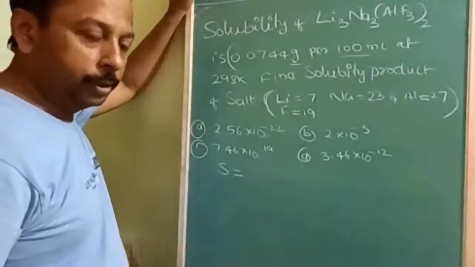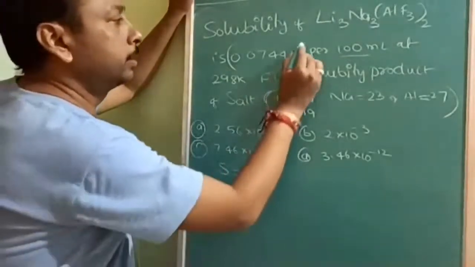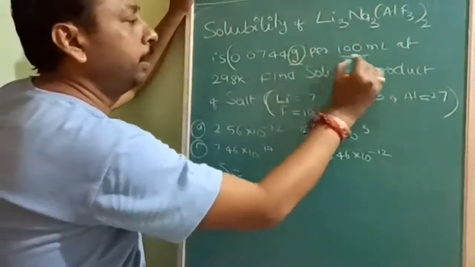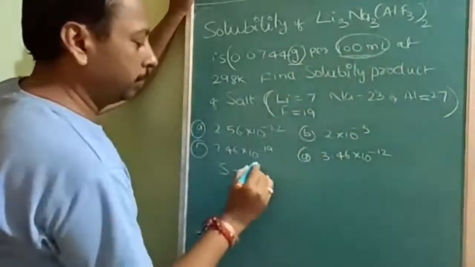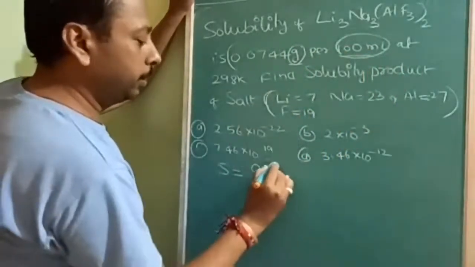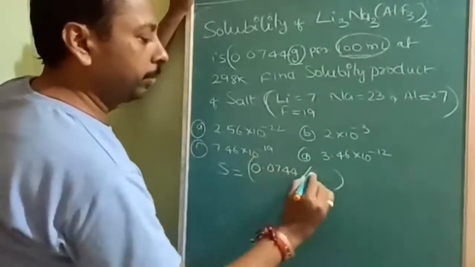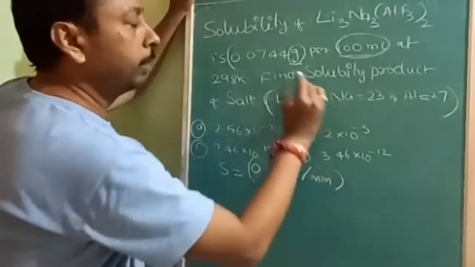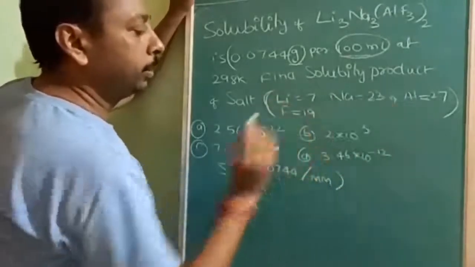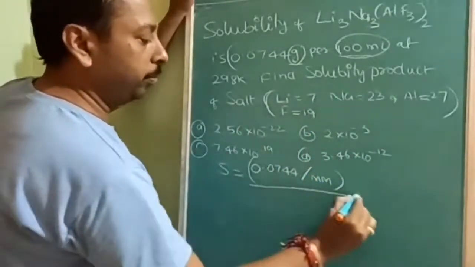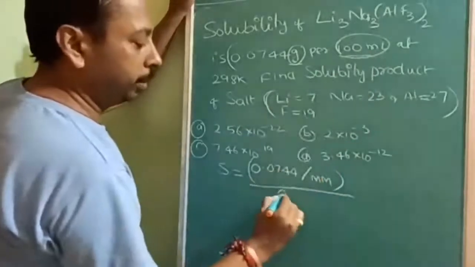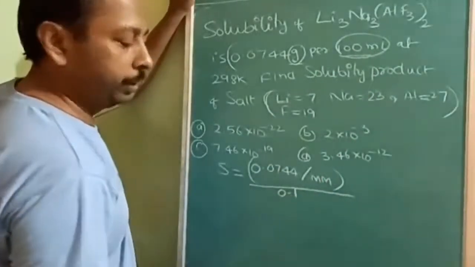Now see here, solubility is always kept in mole per liter. So what I will do, 0.0744 divided by molecular mass. For molecular mass you already have all these values. This will be mole, but it is 100 ml, so in liter it will be 0.1 liter.